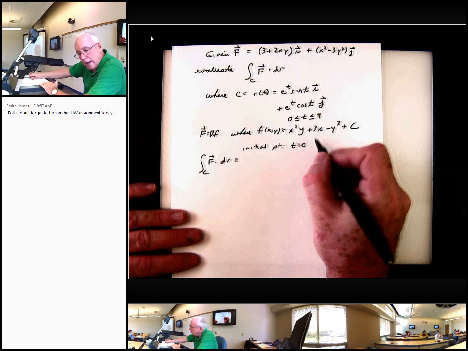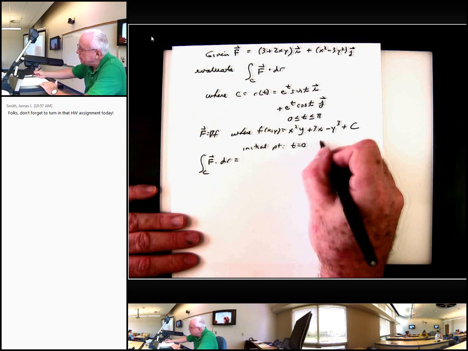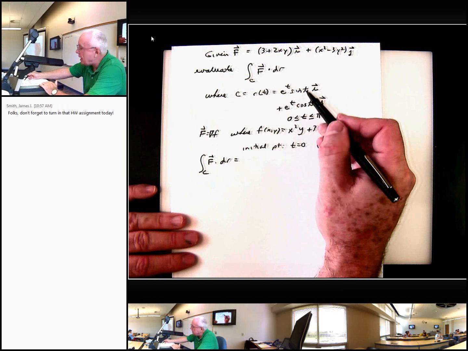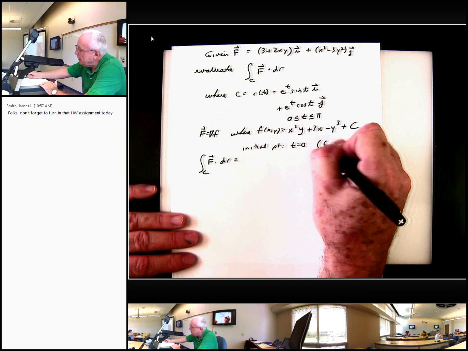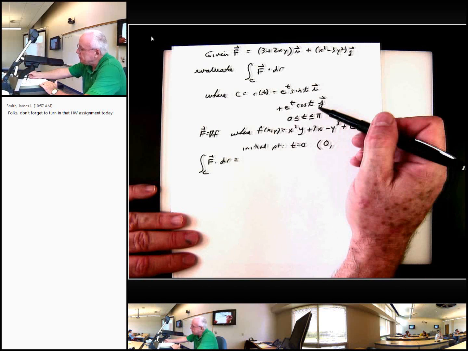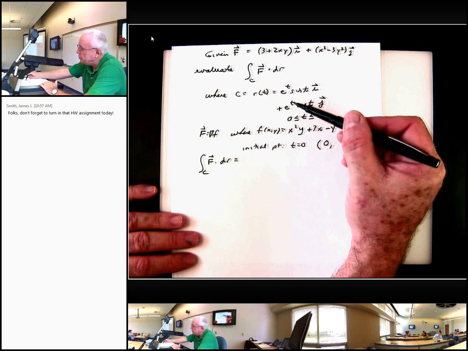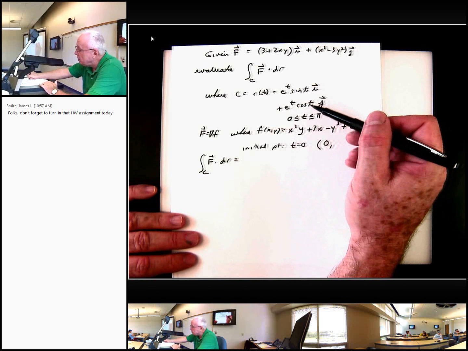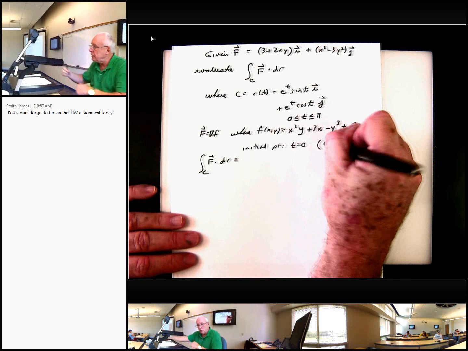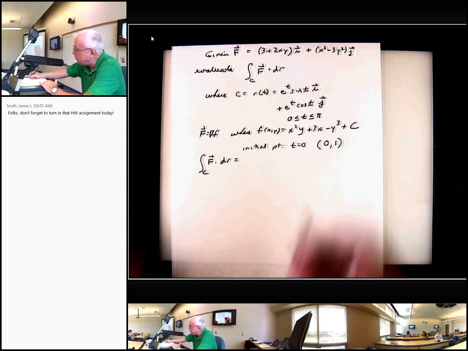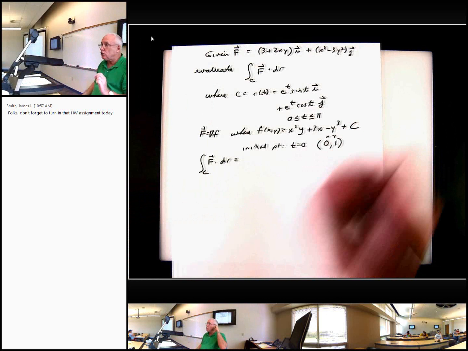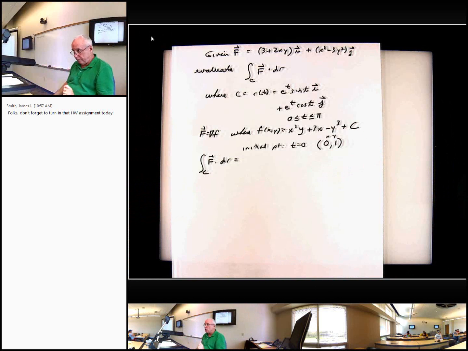All right, so my x component is going to be e to the 0 power times the sine of 0, so that's going to be 0. And then my y component is going to be e to the 0 power, which is 1, times cosine of 0, which is also 1. So here's my x and y for my initial point of the curve.